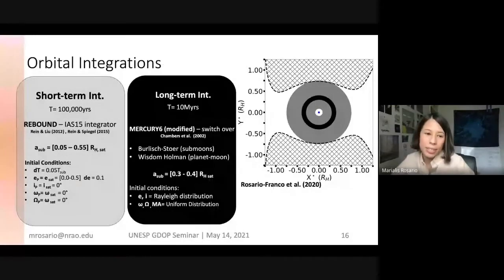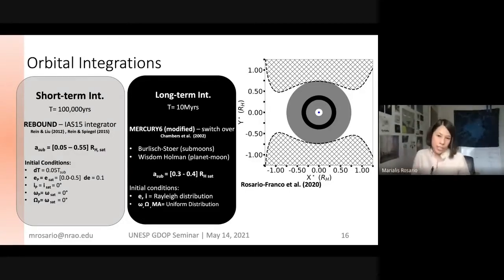The initial conditions are listed below. Specifically, we care about the time step being small enough to observe the movement of these submoons. And then for the long-term integrations, we did 10 million years using Mercury 6.